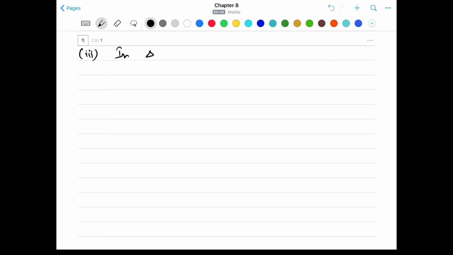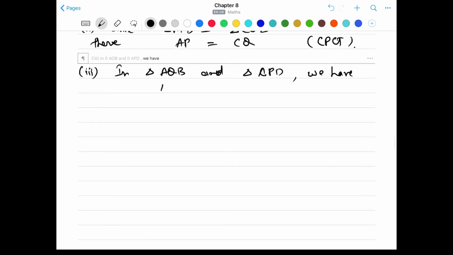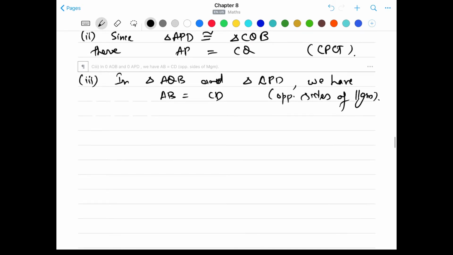So we'll write, in triangle AQB and triangle CPD, we have side AB is equal to side CD, which are opposite sides of a parallelogram. That's why these two are equal.